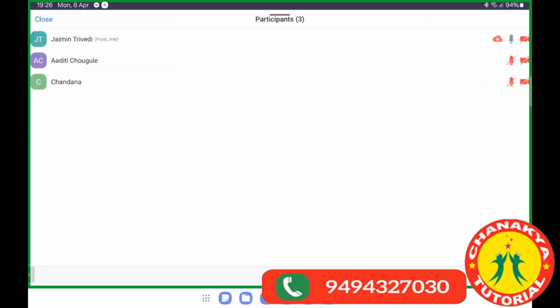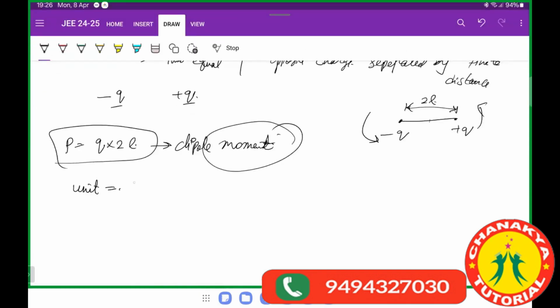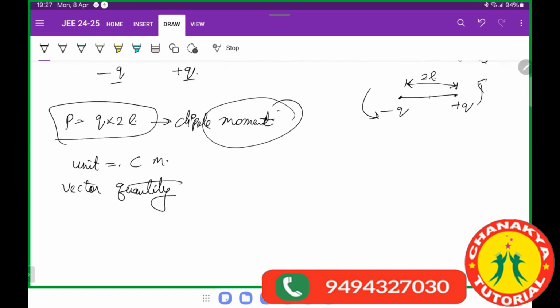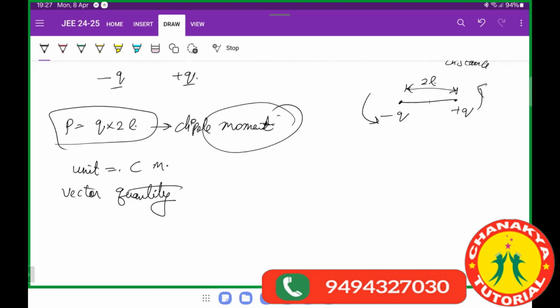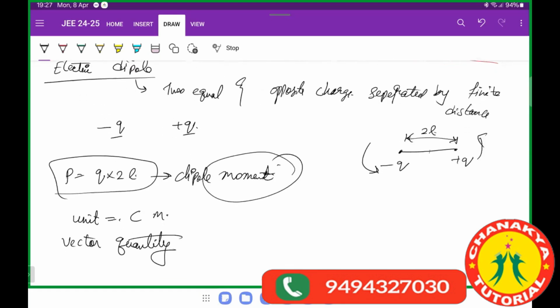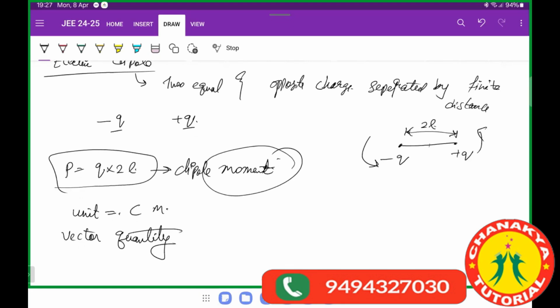Coulomb meter, because charge is there and we're multiplying it with distance. Yes, coulomb meter. Now this is a vector quantity. Vector quantity means it requires direction. So dipole moment requires direction.